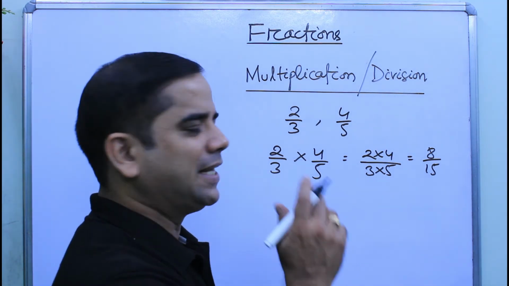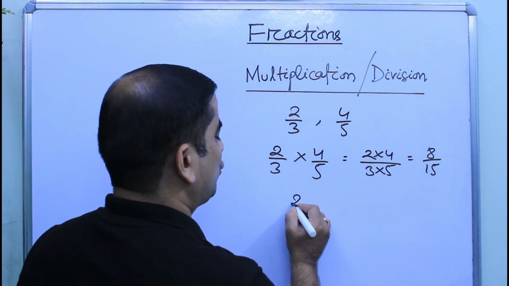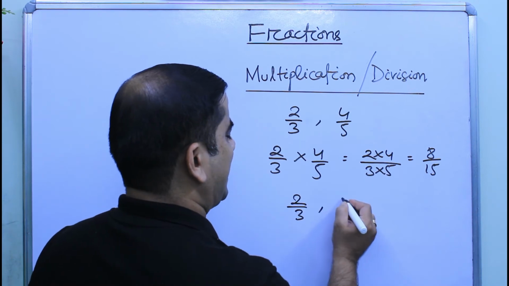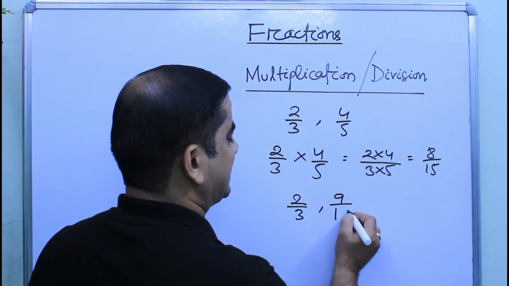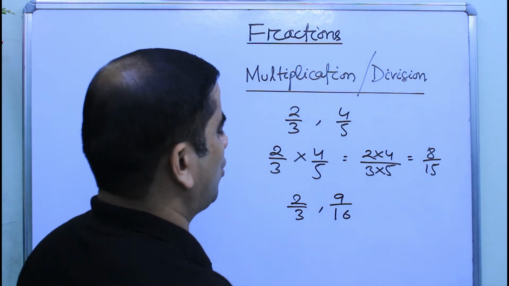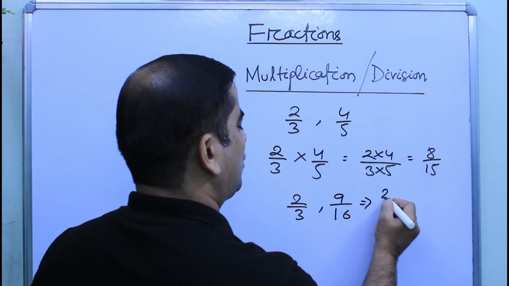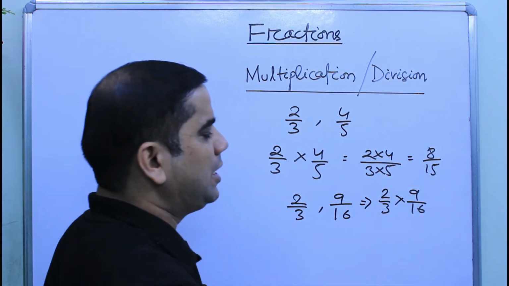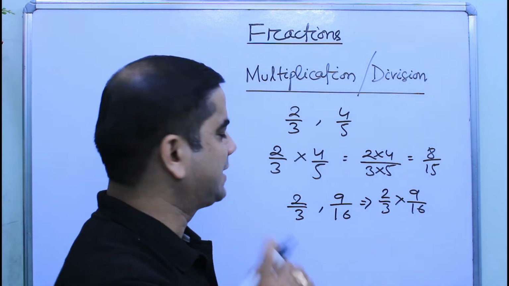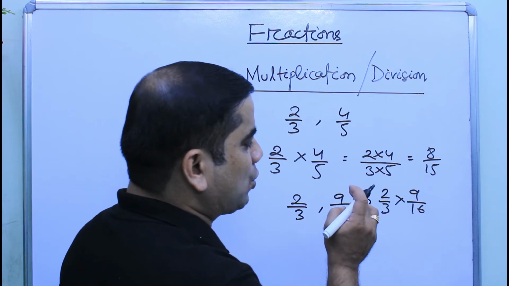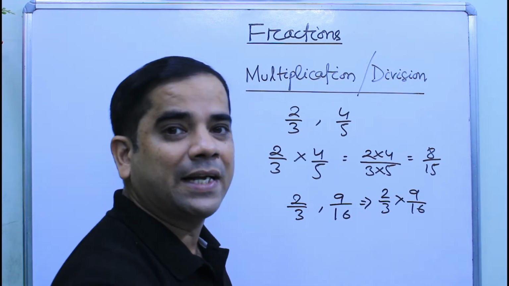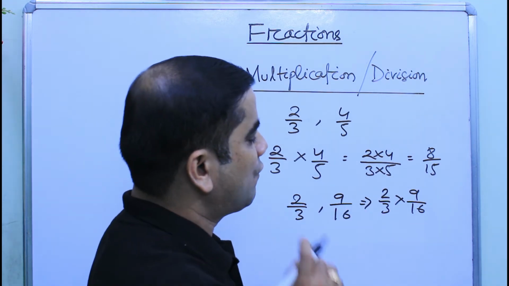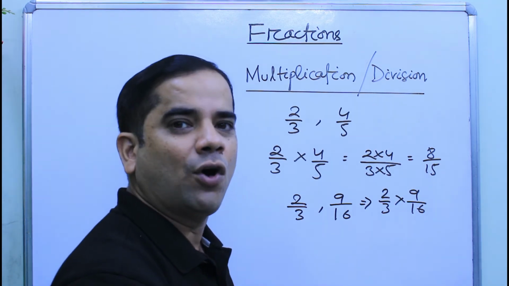Let us take another example. Suppose we have 2 by 3 and 9 by 16. Okay, so now when we multiply, we get 2 by 3 into 9 by 16. Now you need to understand something. You need to concentrate on the numerators and the denominators of both the fractions to simplify your product.